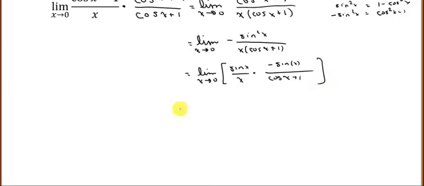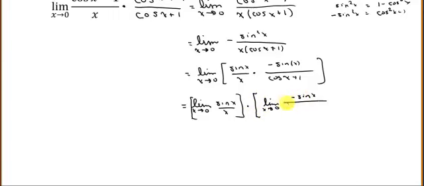And then we could take the limit of the product as the product of the limits. That doesn't work for derivatives, but it does work for limits, remember. And so we have the limit as x approaches 0 of sine of x over x times the limit as x approaches 0 of negative sine of x over cosine of x plus 1.